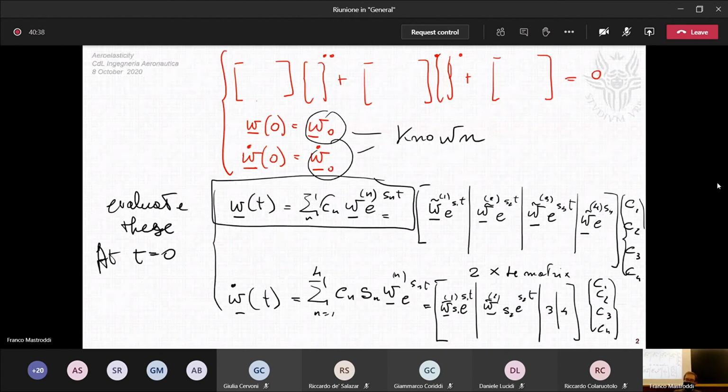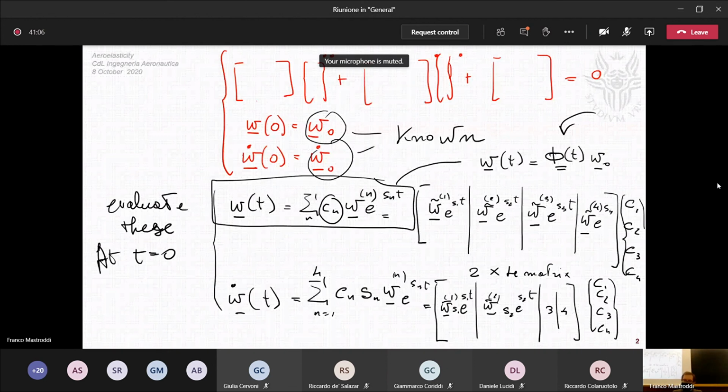Once you have determined this, you have an analytic form for expressing this through a strange matrix, function of time, applied to the initial condition. Do you know the name of this matrix? Transition matrix. I knew.